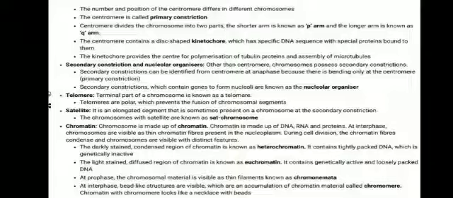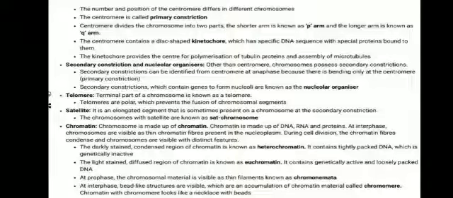Some chromosomes possess secondary constrictions. Secondary constrictions can be distinguished from the centromere at anaphase because there is bending only at the centromere, that is at the primary constriction. Secondary constrictions which contain genes to form nucleoli are known as nuclear organizers.